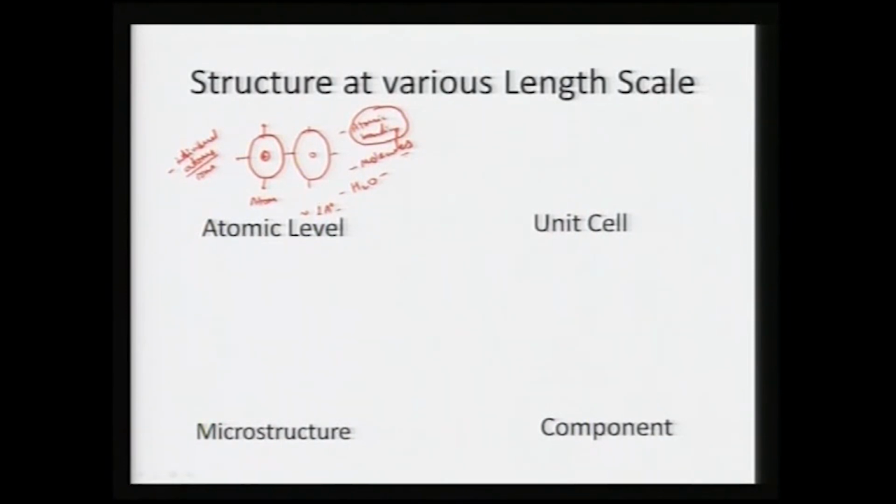Then once we come to a unit cell, it comprises many more atoms. In this case, we start seeing some regularity. A unit cell comprises a couple of atoms at different locations. The lattice now starts comprising certain motifs or bases to call it a crystal or unit cell.